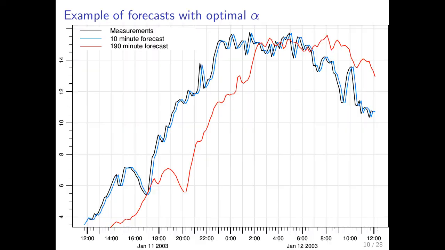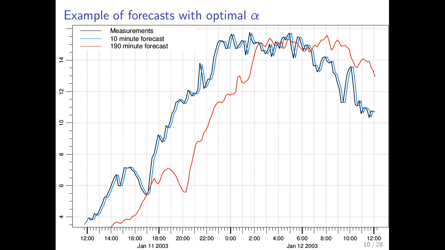Now, if we apply this, this is what we get. At first, this looks odd. I will upload the slide later so you can see it by yourself. So, the black line here are the measurements. Remember that the 10-minute forecast was essentially just using the previous measurement.